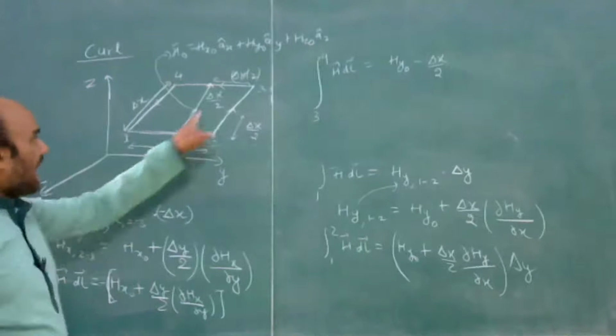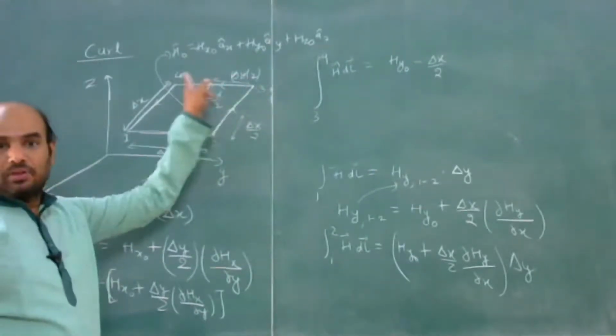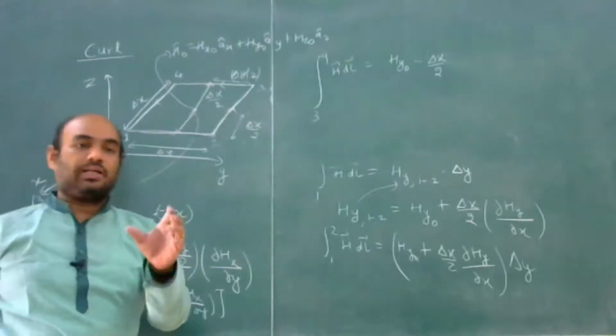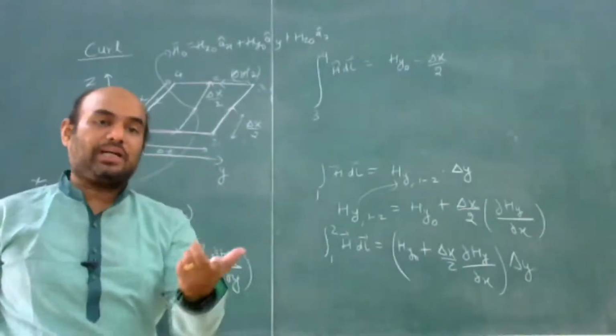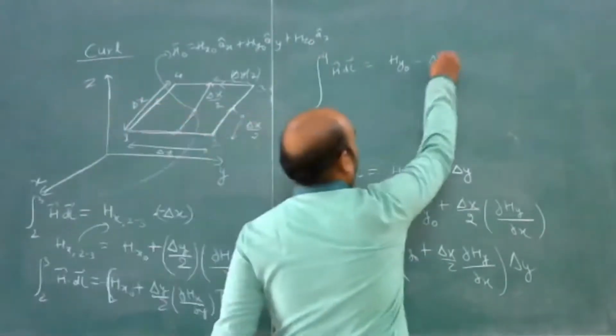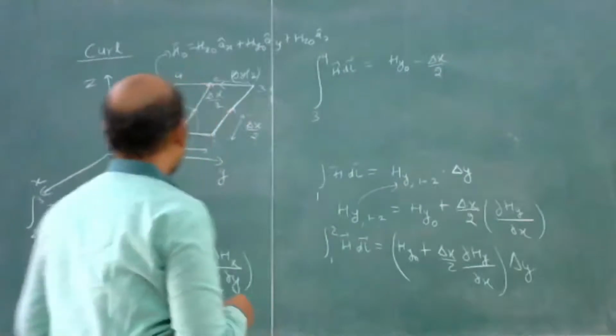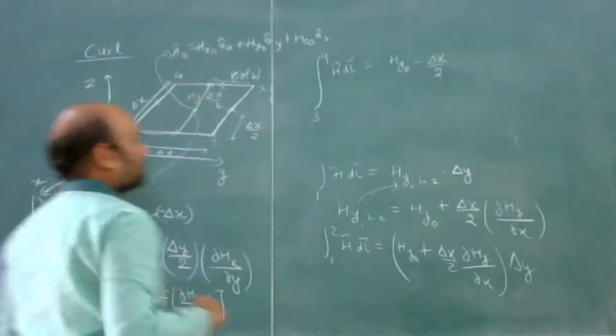So we are traveling a distance delta x by 2 in the opposite direction to the x-axis, and Hy is traveling with respect to x.